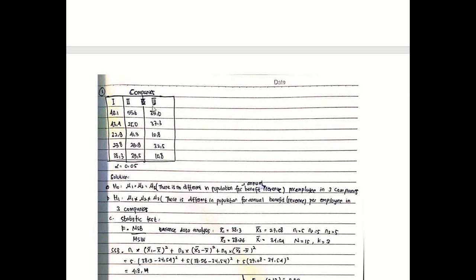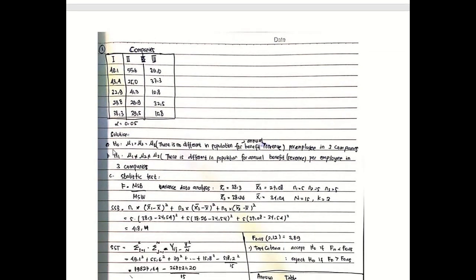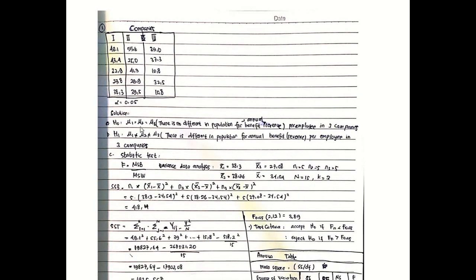As we can see before, there are 3 companies, and we rewrite the table with alpha equal to 0.05. First, we write the hypotheses. H0: mean 1 equals mean 2 equals mean 3, or there is no difference in population annual profit per employee in the 3 companies.